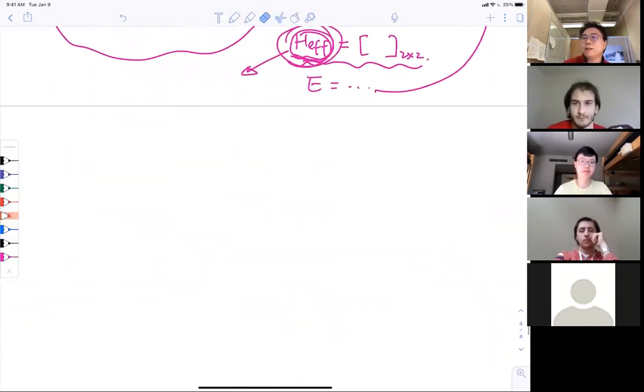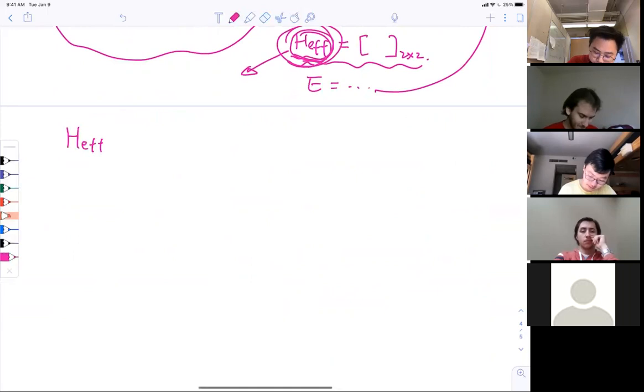Okay, so I will write down the formula for the effective Hamiltonian and then show you that they are equivalent.